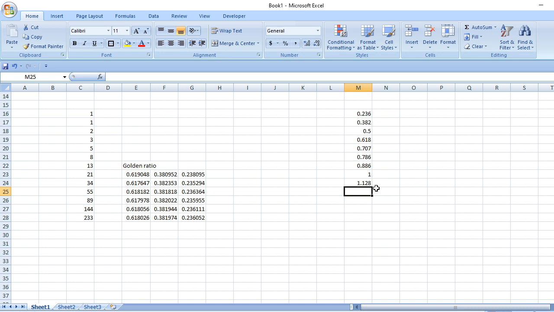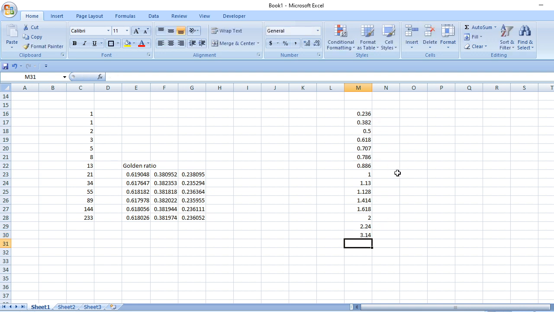Before this I want to write one more number, 1.128, and then 1.414, 1.618 again, which is nothing but the golden ratio. See, there it is 0.618, there it is 1.618, golden ratio, and then 2, and then 2.240, 3.14.